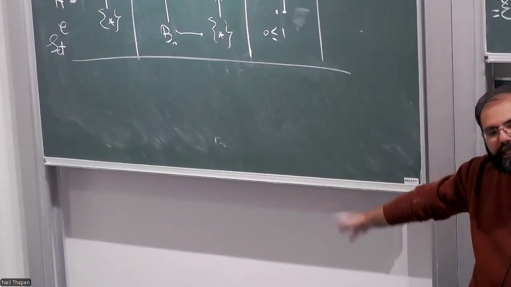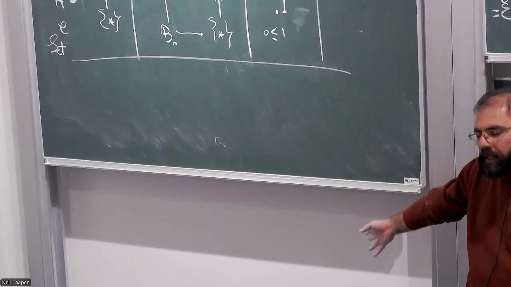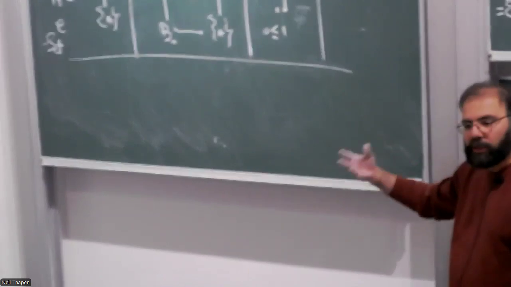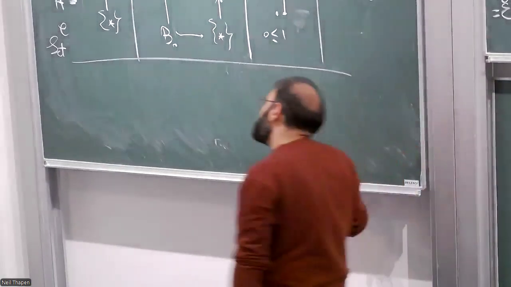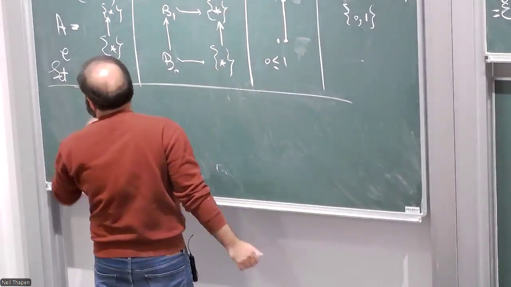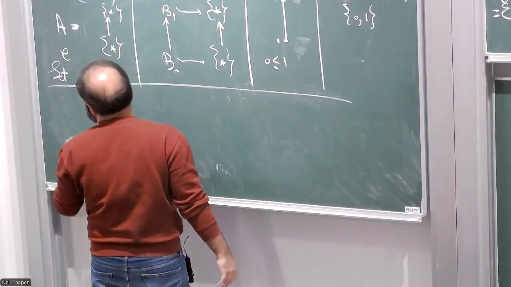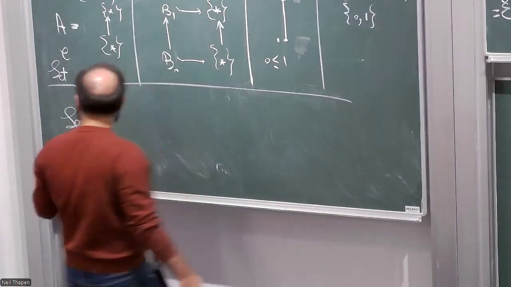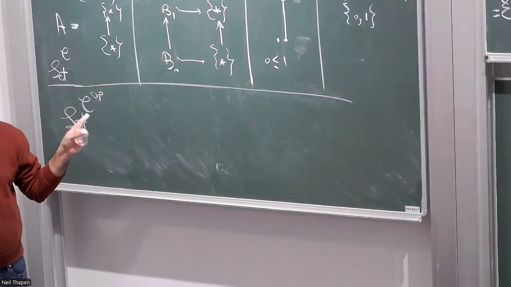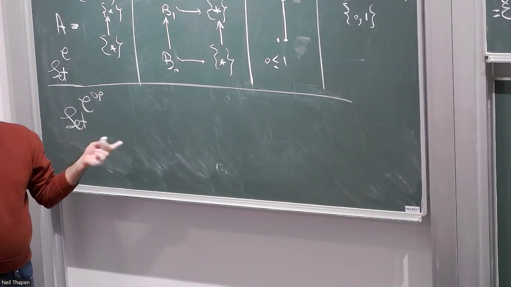It doesn't mean anything really for us, but the point is that I need the intuition to explain the construction afterwards. So, and this is what we did. I said, if you remember, that if you work with Set to the C opposite instead of Set to the C, which is not important, right?